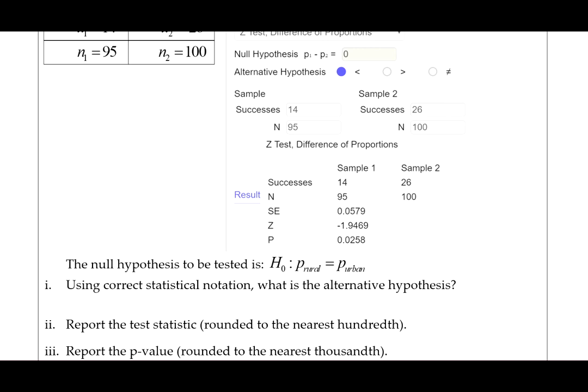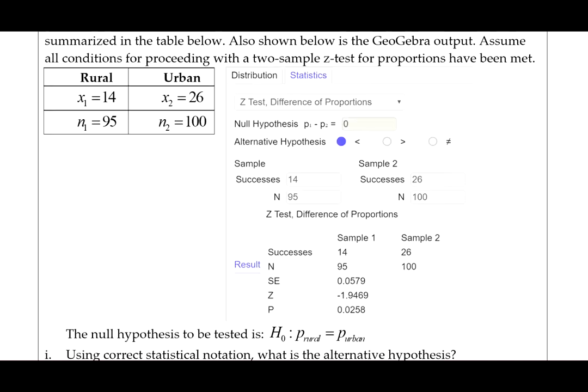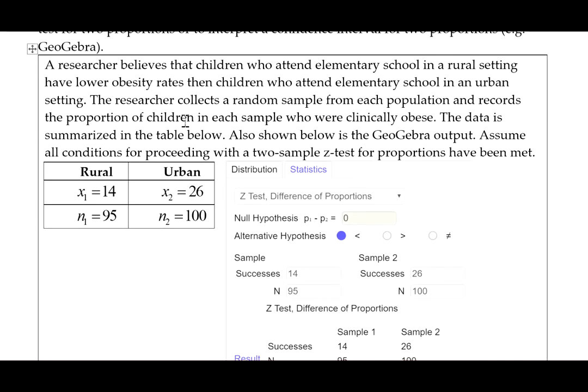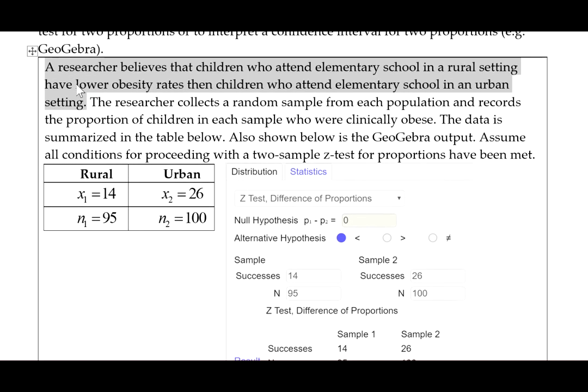Part 1 says, using correct statistical notation, what is the alternative hypothesis? Well, we have a few different clues. First of all, it says that a researcher believes that children who attend elementary school in a rural setting have lower obesity rates than children who attend elementary school in an urban setting. This word lower here tells us that this should be a left tail test.